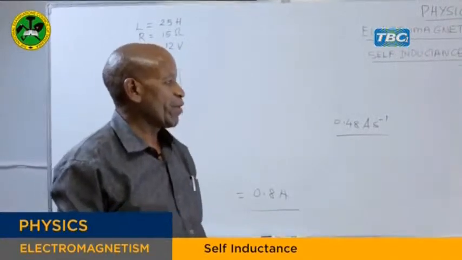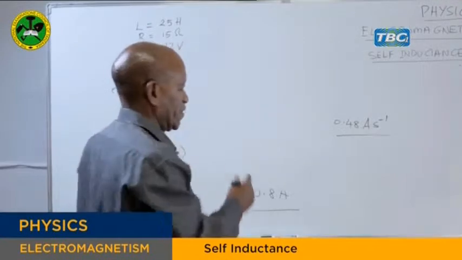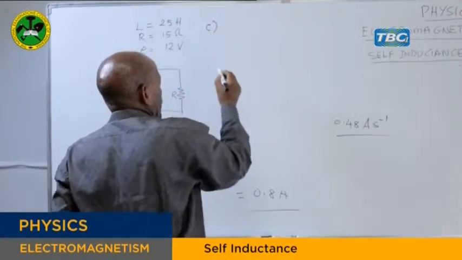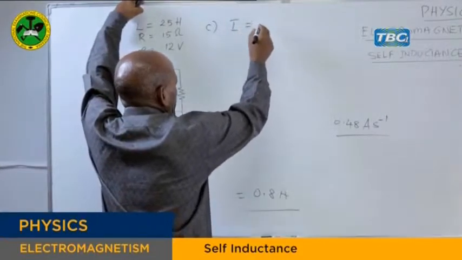Okay, part C, we are going to look at the current in the circuit after 4 seconds. So the current in the circuit after 4 seconds takes us from that particular equation.